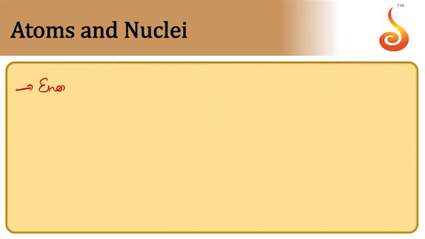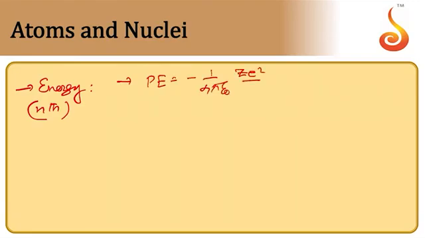Energy of an electron in the nth orbit. First of all, potential energy is given by minus 1 by 4 pi epsilon naught Z e square divided by r, and kinetic energy is given by half m v square, that is Z e square divided by 8 pi epsilon naught r.